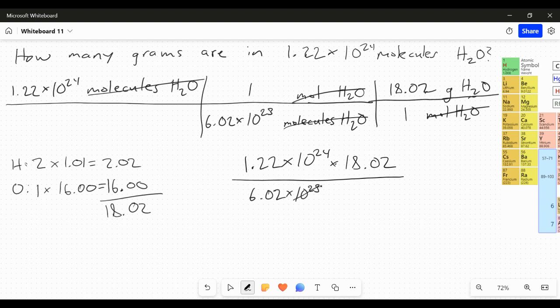So this whole thing will go away, and this 24 will become just a 1. So I'll rewrite this real quick. 1.22 times 10 times 18.02 over 6.02. I just got rid of the 1 exponent right here because anything to the first power is just itself. So we're going to ignore that.